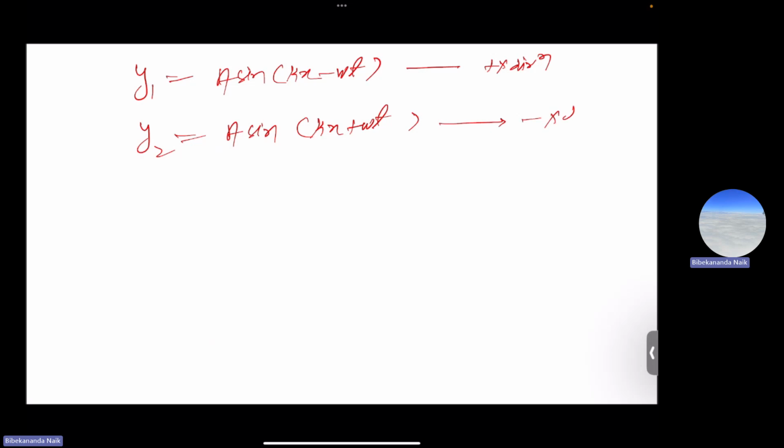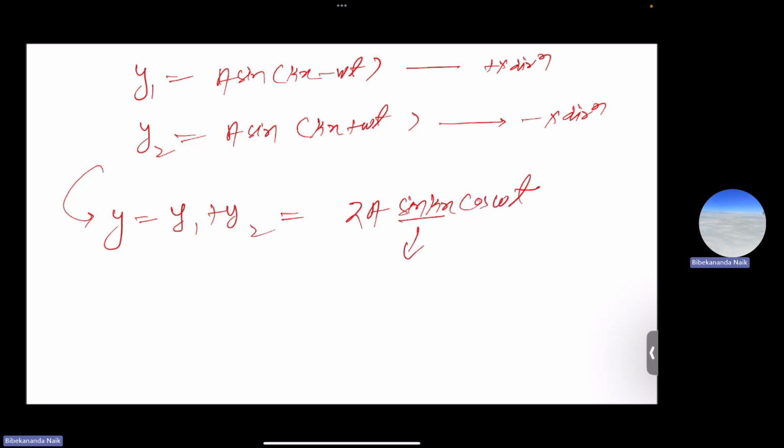It is moving along minus x direction. When we superimpose them, y will be y1 plus y2. If you calculate, it will be 2a sin kx cos omega t. So sin kx is the spatial factor and cos omega t is the temporal factor.